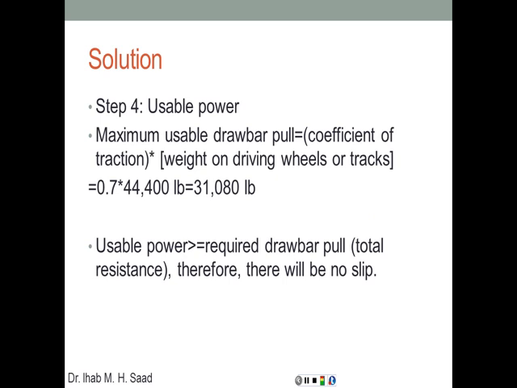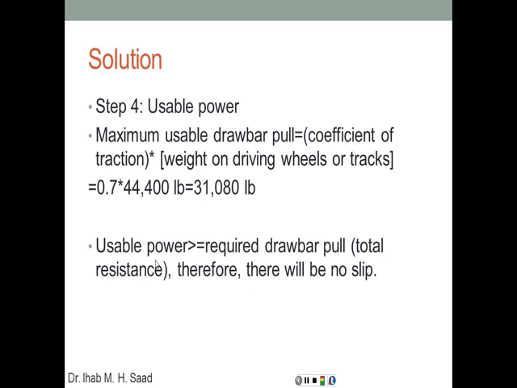The usable power, the maximum usable drawbar pull, is the coefficient of traction, 0.7, times the weight on the driving wheels or tracks. In case of tracks, we use the whole weight of the equipment, so 44,400, which gives a maximum usable drawbar pull of 31,080 pounds.